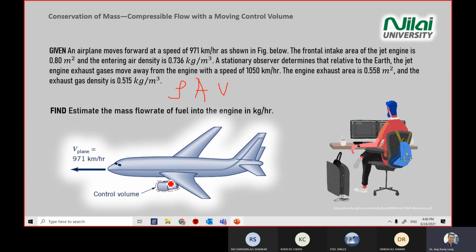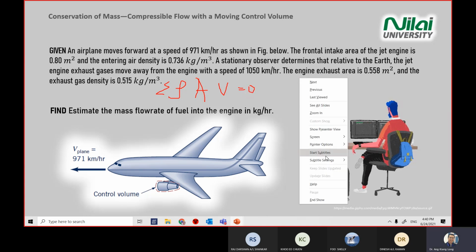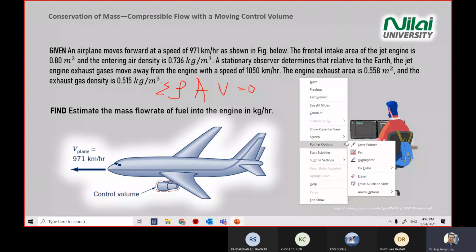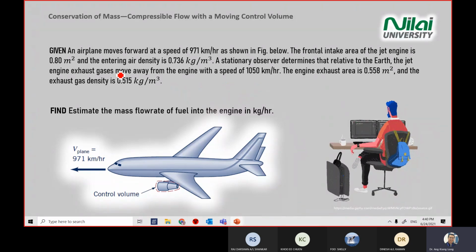And to solve a moving control surface, usually we will consider the continuity equation, which is equal to 0, or mass in equal to mass out. So this is the concept before you solve. Don't panic when you solve a very lengthy question like this. You try to accept what information you have, and then try to link with the principle that we learn here.